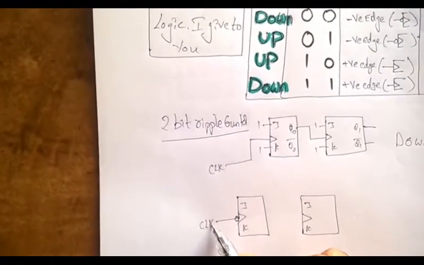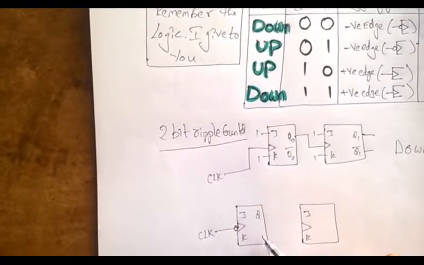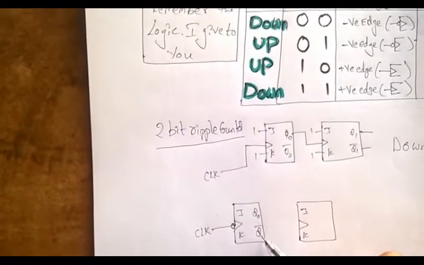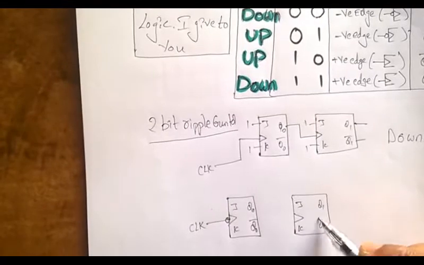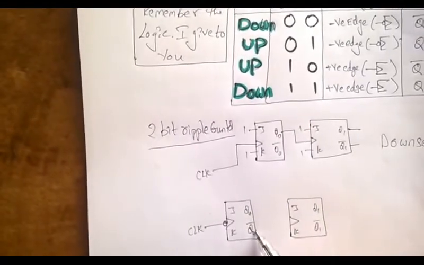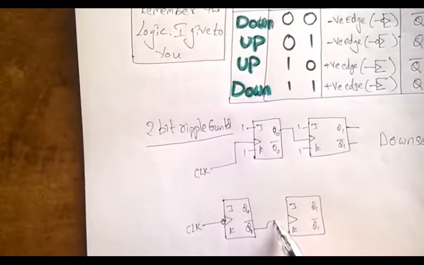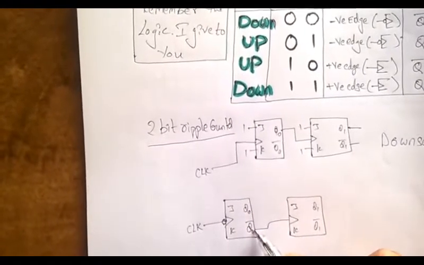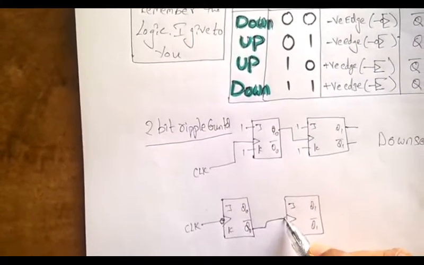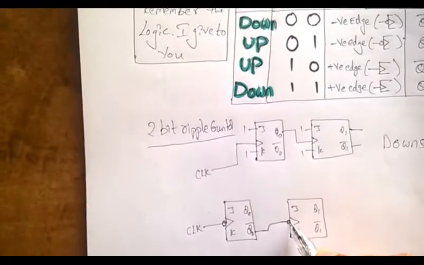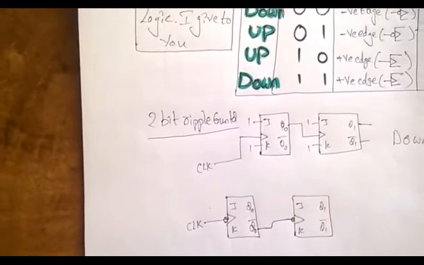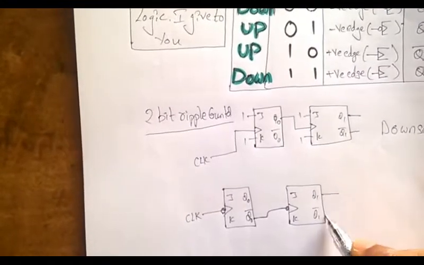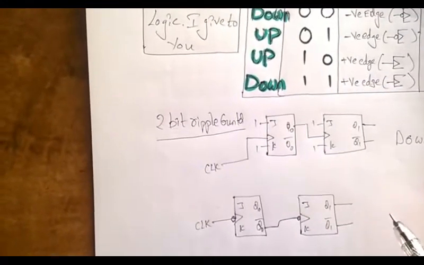Okay, Q0, Q0 bar, Q1, Q1 bar. Okay, now let us give output from Q0 bar. As we have given negative edge trigger, whenever we take output we have to make a bubble here. The bubble represents negative edge triggering. Okay, now let us identify.